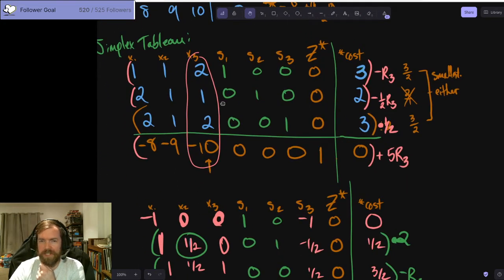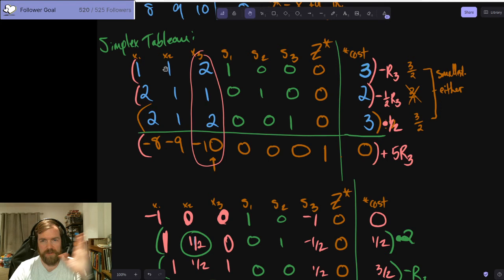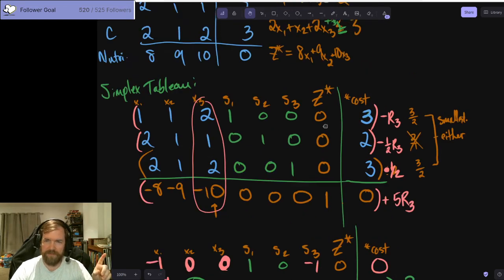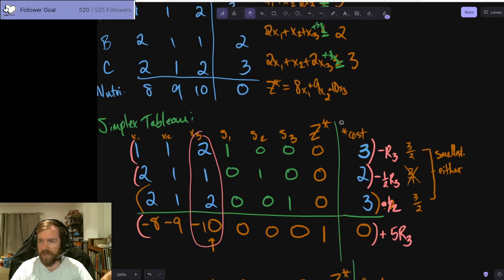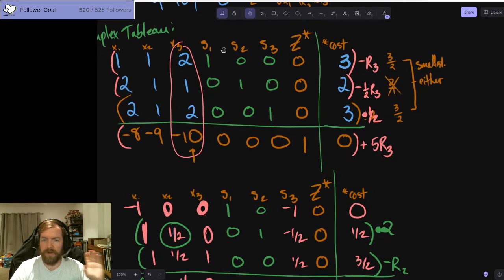So then our simplex tableau becomes this. We have our x1, x2, x3 columns and s1, s2, s3 columns for our slack variables. A z star column, which is our new objective function. Again, z star is 8x1 plus 9x2 plus 10x3. And then we have to figure out how to use row reduce operations in the same way that you would for trying to create a row reduced echelon form.